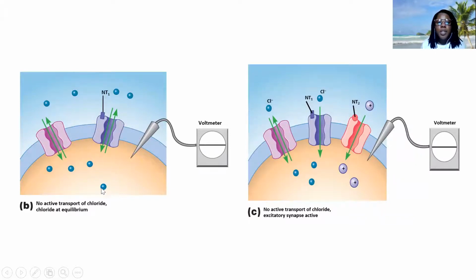And so chloride is pretty much just moving at equilibrium in the cell, okay? And so on that type of cell, if we open up a chloride channel, it's pretty much resisting any positive change to the membrane potential. And we can see that our voltmeter stays pretty flat, even though we open up this sodium channel, which is shown in red here.